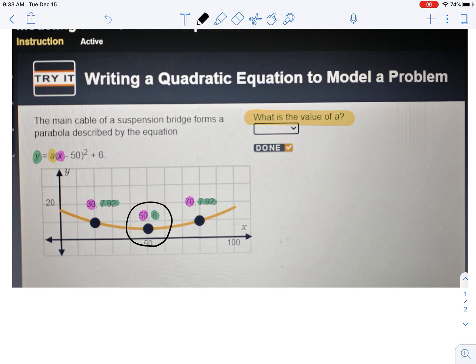So let me substitute this in. First, let me just tell you, this one doesn't work. I'm going to show you why. So let me show you the steps right here. The equation is y is equal to a times (x minus 50) squared plus 6.